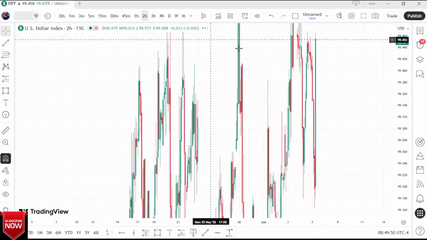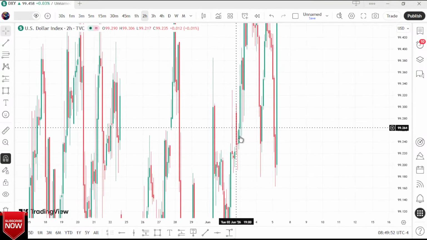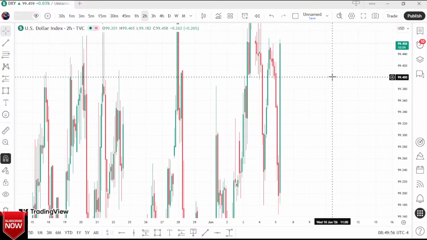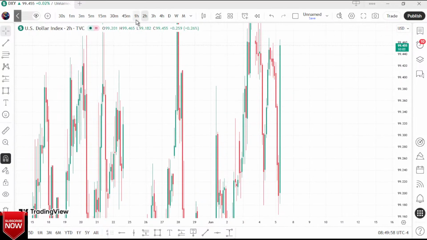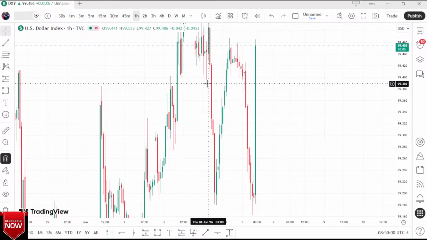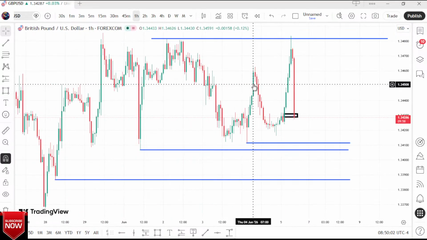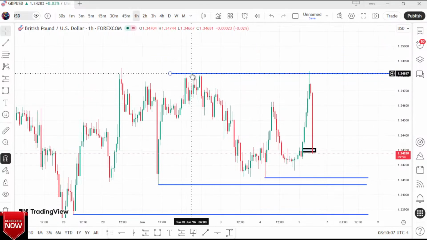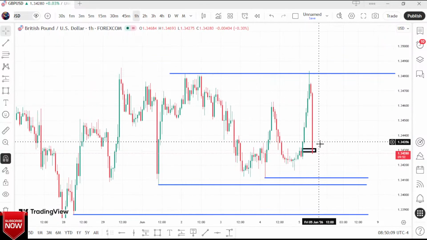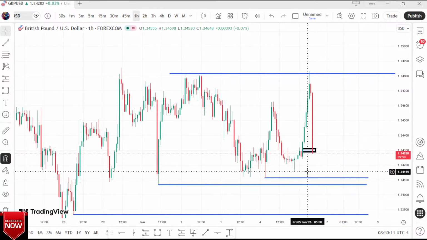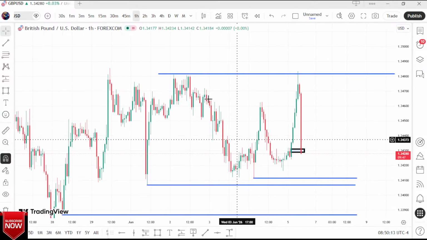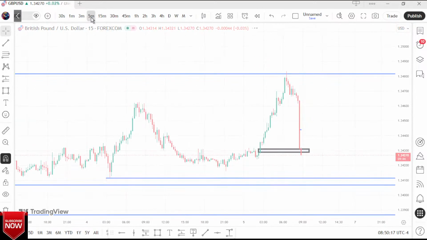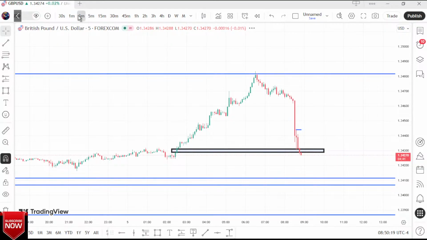It can be going to those buy side liquidity, but it has taken out this sell side liquidity, then it decided to rally up higher and higher. Same to the cable, taking out those buy side liquidity, then declining lower and lower. So you're going to see this sell side liquidity being taken out in the GBP USD and the euro.